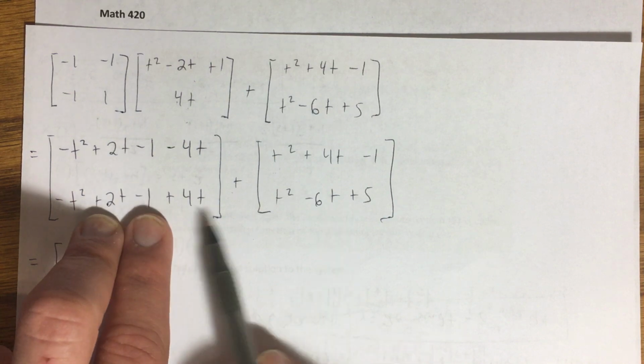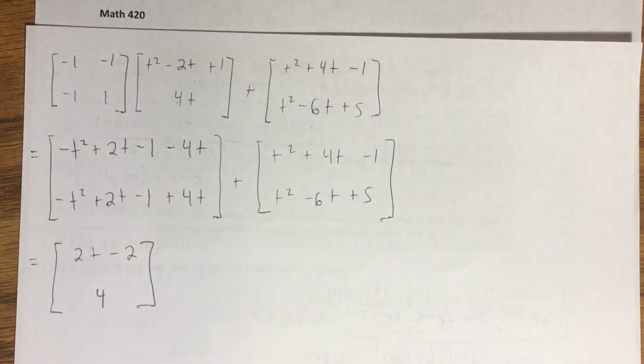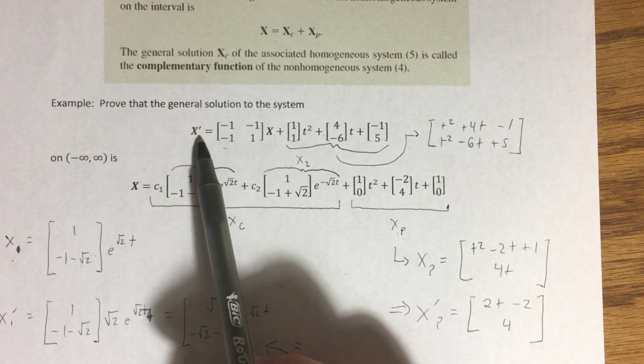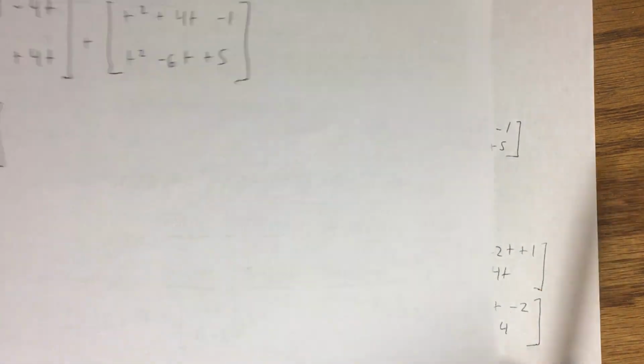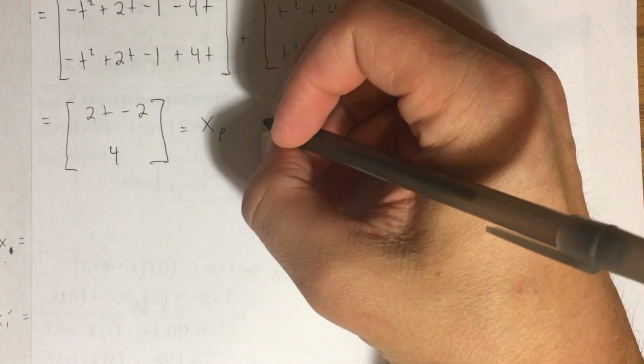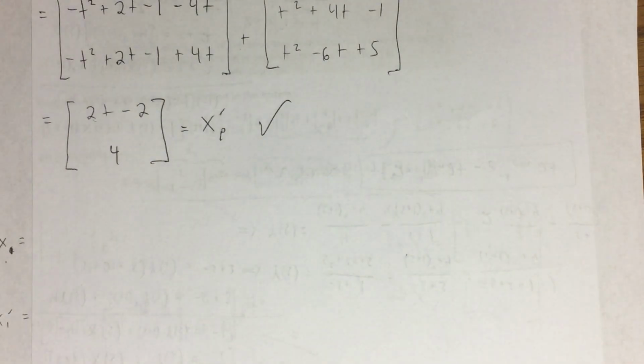That just leaves me with -1 plus 5, which is equal to 4. However, that is exactly what x_p prime was equal to, and that's what we were looking for, because that's going to give me the left-hand side. That's showing that this is, in fact, a solution. So that tells me that this is x_p, which is what we were trying to verify.